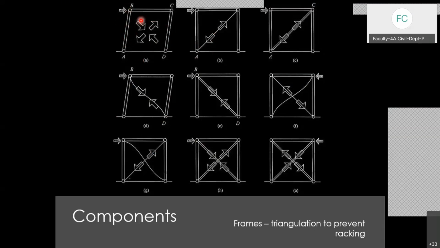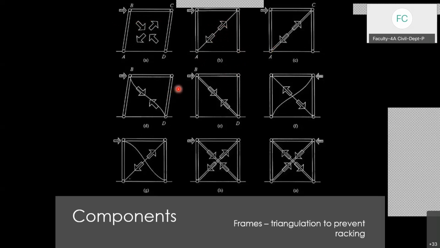And now if you provide this particular diagonal member in between, that will prevent it, or that will have the proper effect. So it depends upon whether you are going to provide a proper diagonal member.